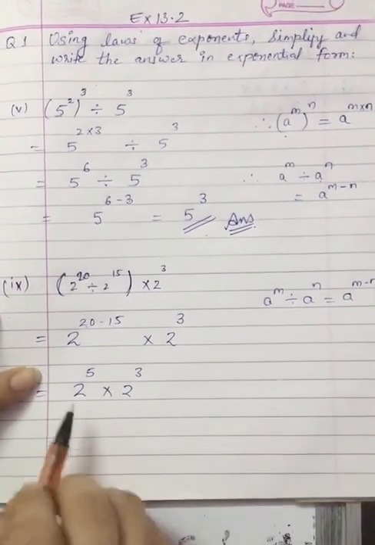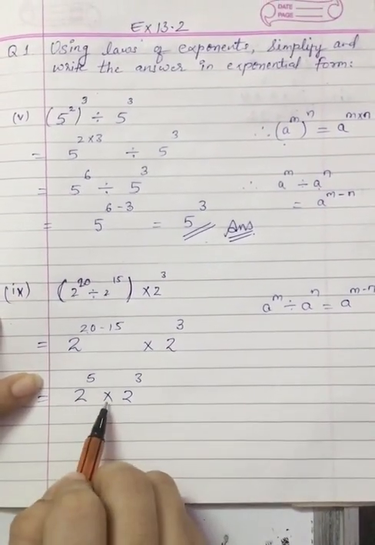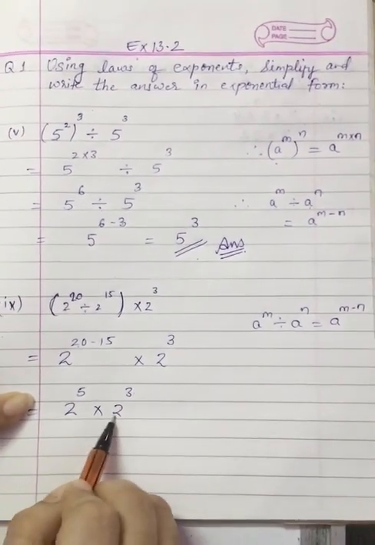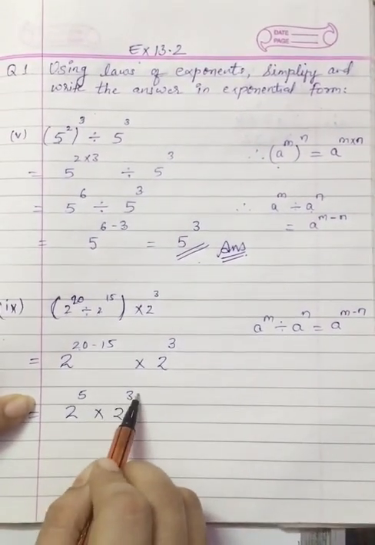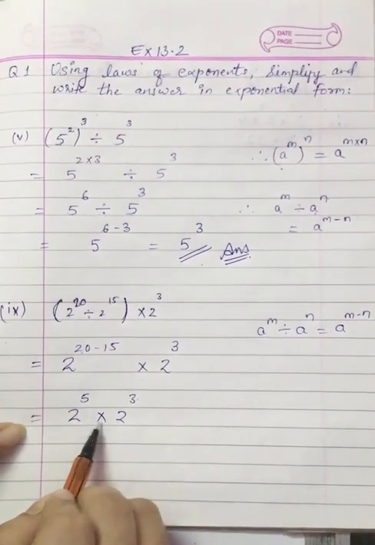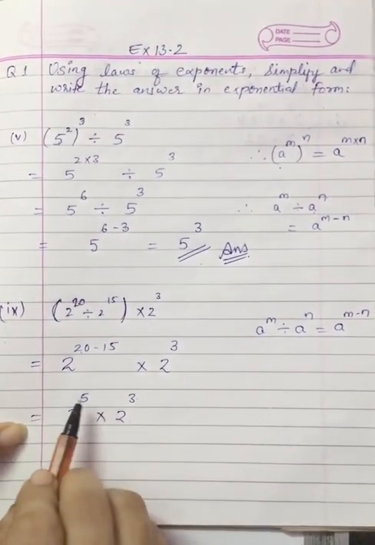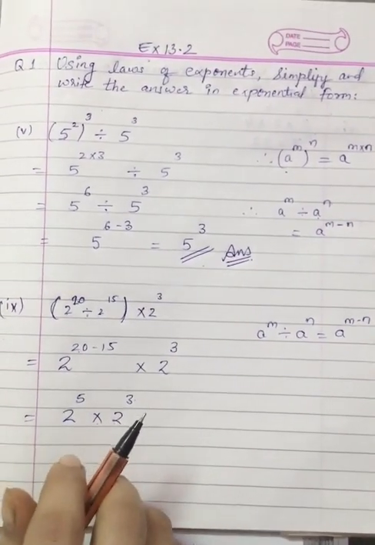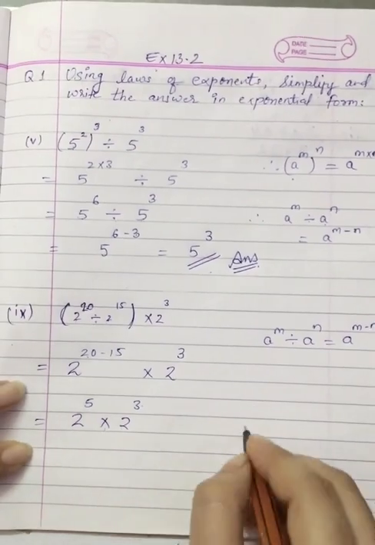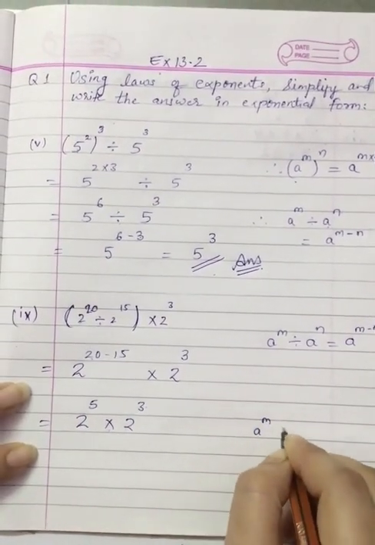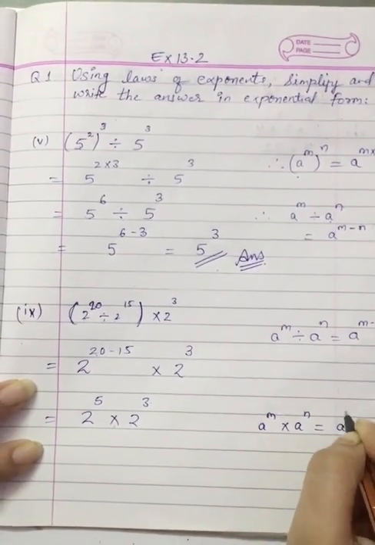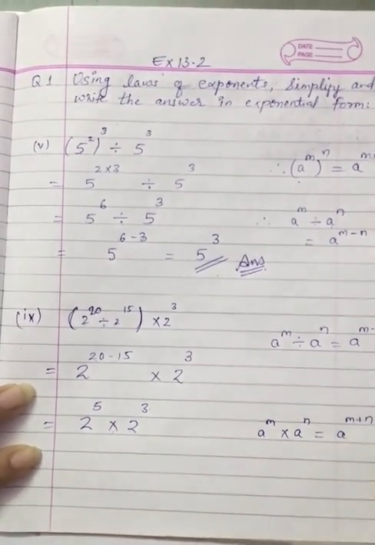Now here we can see that 2 to the power 5 multiply 2 to the power 3. Again bases are same, exponents are different, but both the bases are in multiplication. Here both bases are same, exponents are different, but there is a multiply symbol between the two. So we know that a to the power m multiply a to the power n is a to the power m plus n.